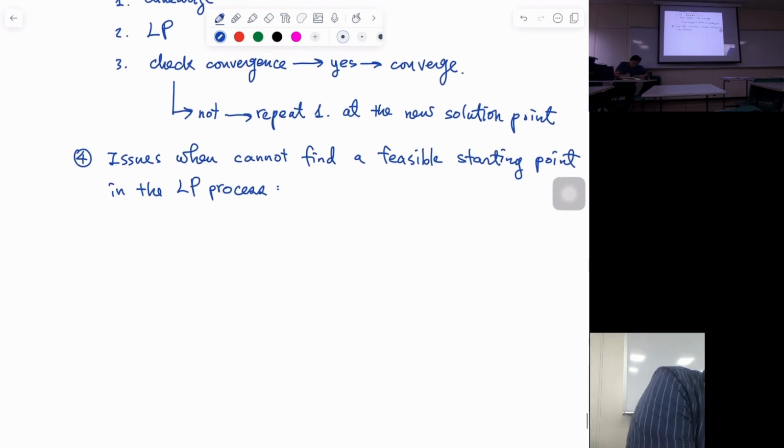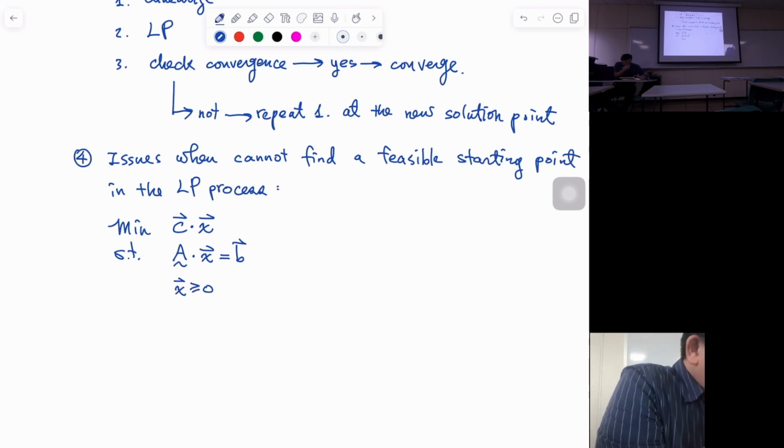So we basically are trying to solve for this standard linear programming expression. What this trick is about is to introduce one additional step.